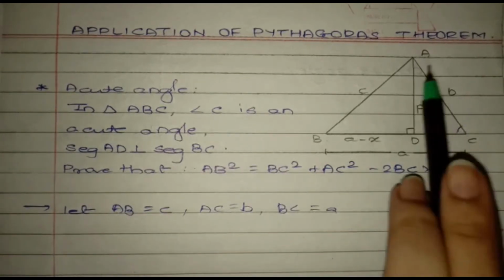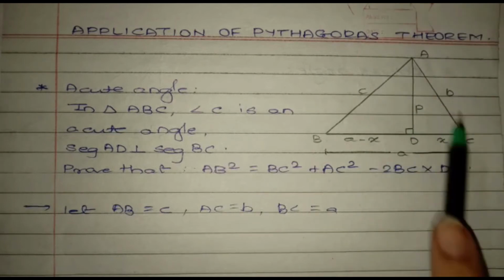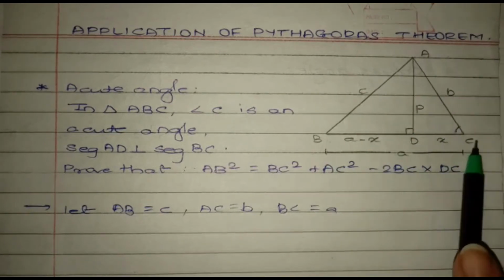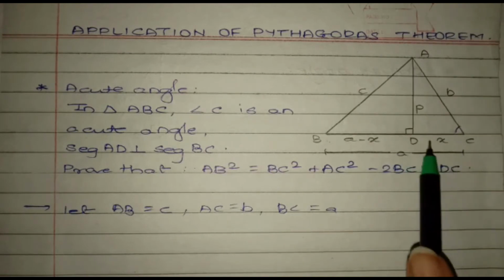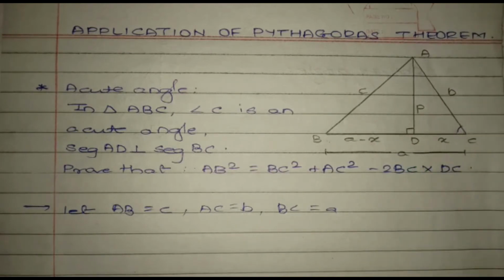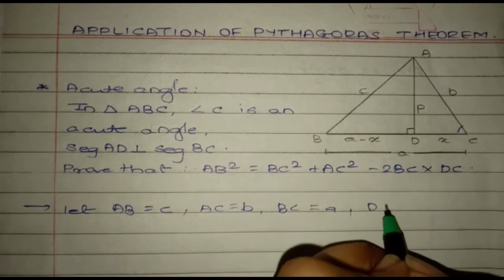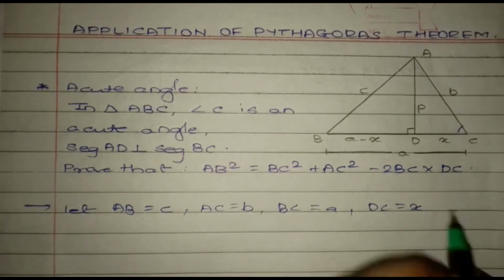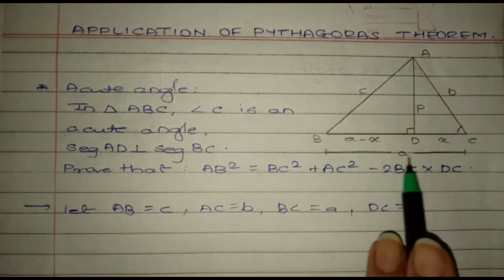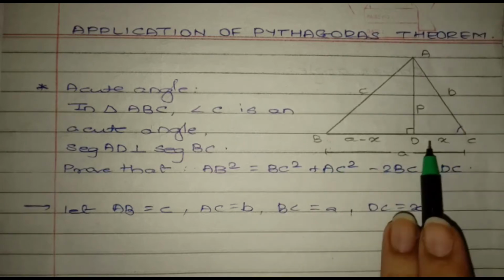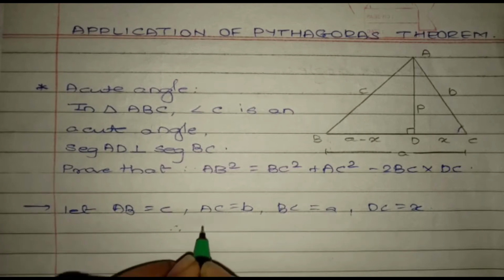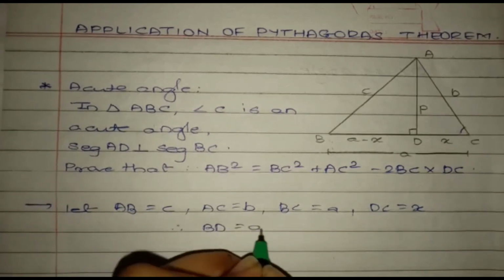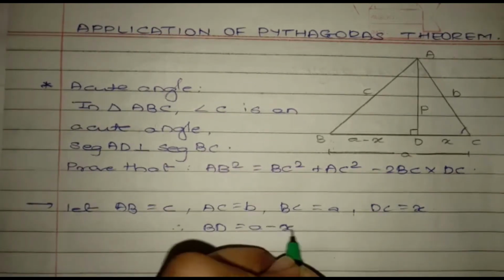And we are going to consider the small segment DC as x, so DC is equal to x. So BD will be a, this whole length, minus x, that is a minus x. Therefore BD is equal to a minus x.